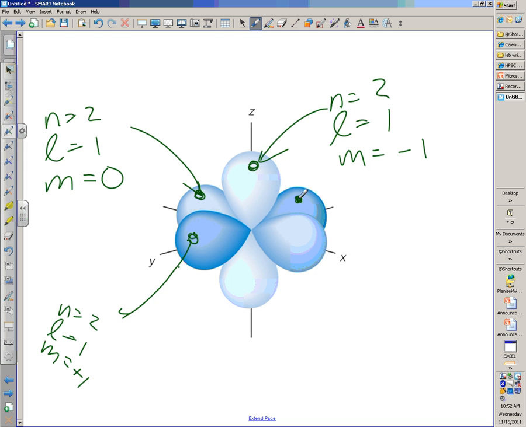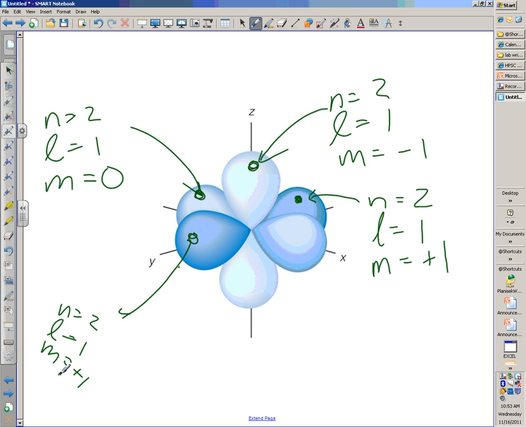If we go through the quantum numbers for this one, its N value is still equal to 2, its L value still equal to 1, and its M value is plus 1, because which axis is it on? It's still on the y-axis. I called this one positive 1 when it was on the y-axis, so I have to call this one positive 1 on the y-axis.